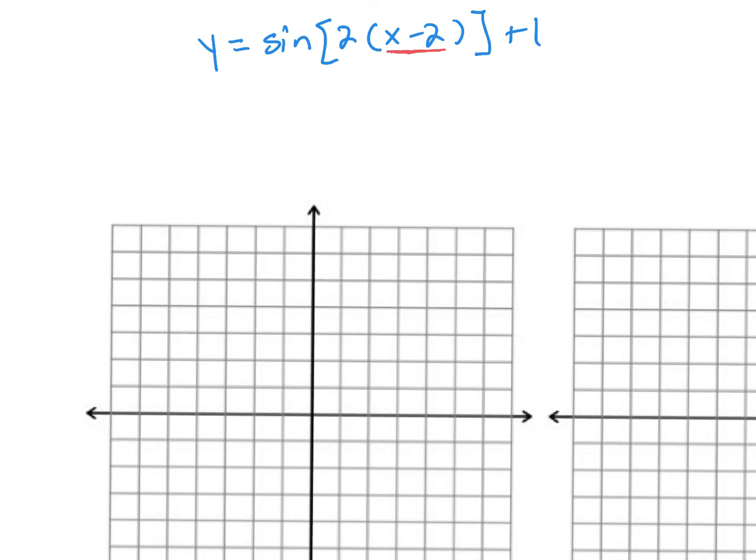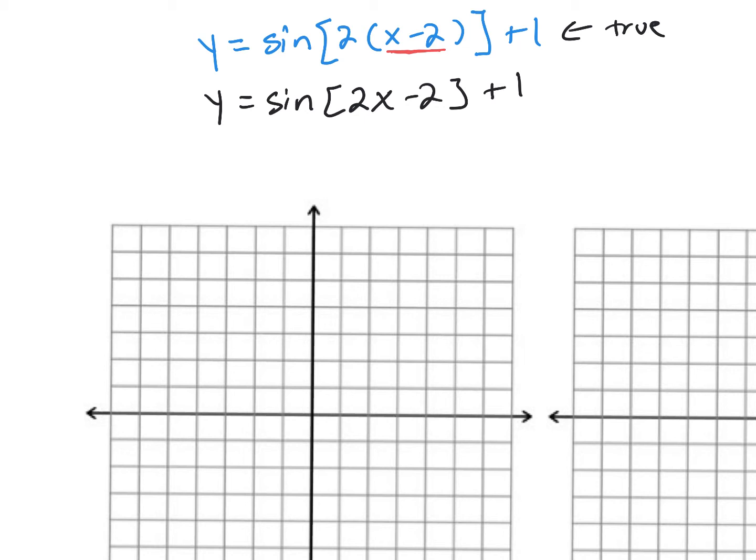Now let's put in a different one. Let's say the other one is y equals sine of 2x minus 2 plus 1. Well, they look alike, but not quite. So this is the true form.